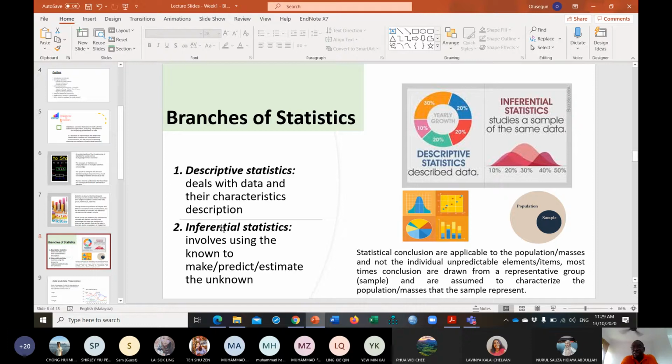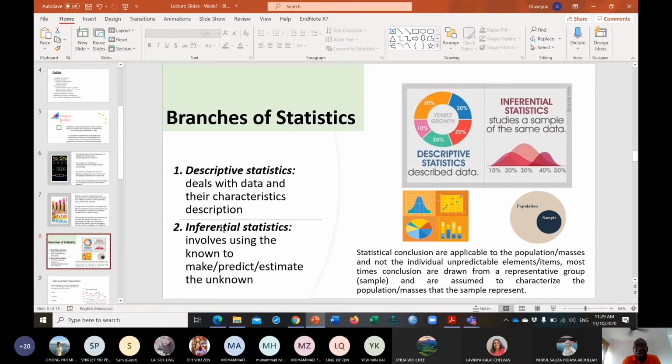And I say statistical conclusions are applicable to the population and masses and not the individual unpredictable elements. Most times conclusions are drawn from a representative group and they are assumed to be characteristics of the population or the mass. So what I'm trying to say here is this.